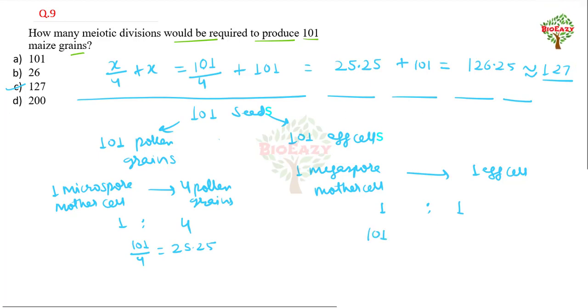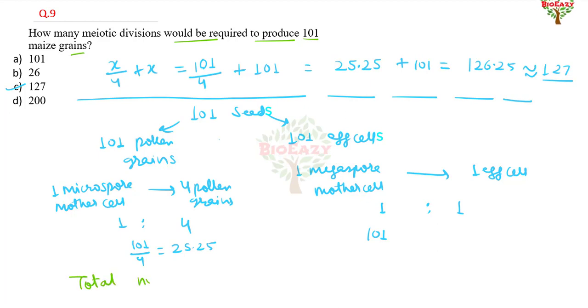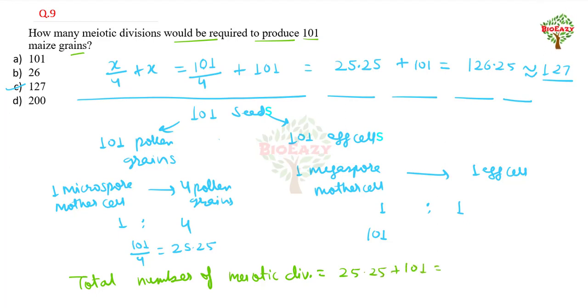So the total number of meiotic divisions is equal to 25.25 plus 101, and here the answer is 126.25, which is nearly 127. So here the answer is 127.